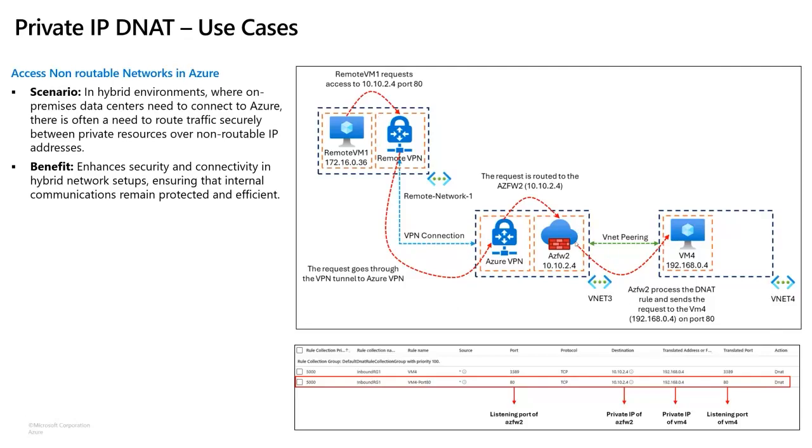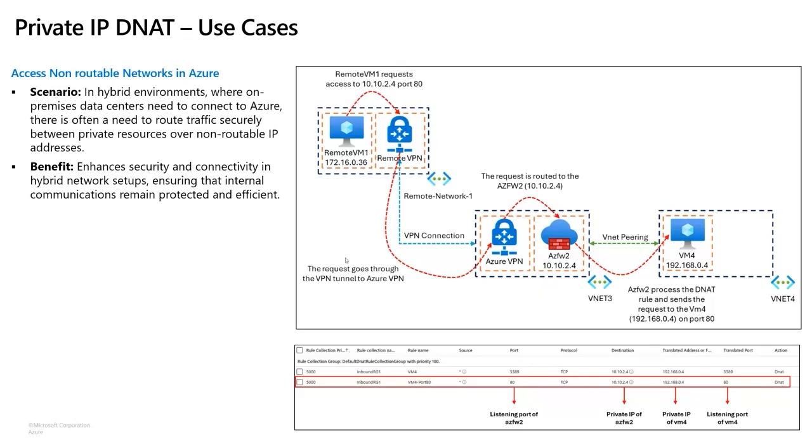Again, this is from our blog where we illustrated this as an example, where we had a remote network connected via VPN to Azure, and in our backend we have a virtual machine running within one of our VNets. What happens, as you can see within the flow, is our remote virtual machine 1, which is also simulating on-premises connecting to Azure, will request access to the private IP address of the Azure firewall, and we used port 80 in this example.